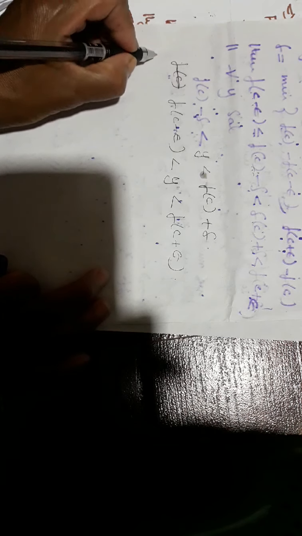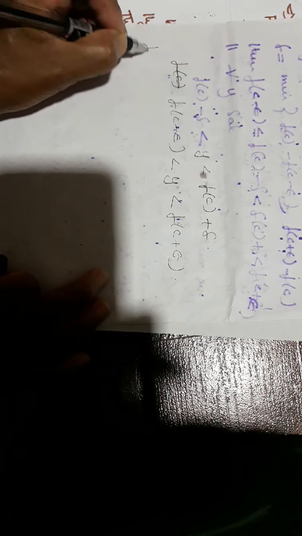Now since f inverse is strictly increasing, applying f inverse we have f inverse of f of c minus epsilon less than f inverse of y less than f inverse of f of c plus epsilon. Taking the composite, f inverse composite f gives you the identity, so c minus epsilon is less than f inverse of y, which is less than c plus epsilon. But what is f of c?